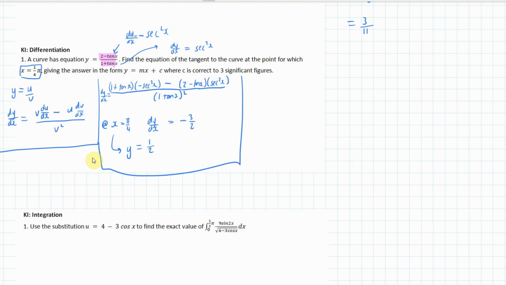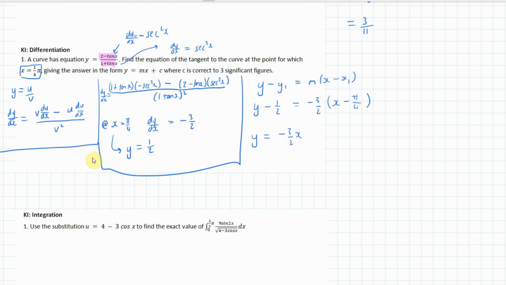Okay. So now that we've got that, we can use y minus y1 equals m into x minus x1. And what am I doing here? So I'm going to go y minus 1/2 equals, and then I've got my negative 3 over 2 as my gradient, into x minus pi over 4. And we can just rearrange this. So we get negative 3 over 2 x.